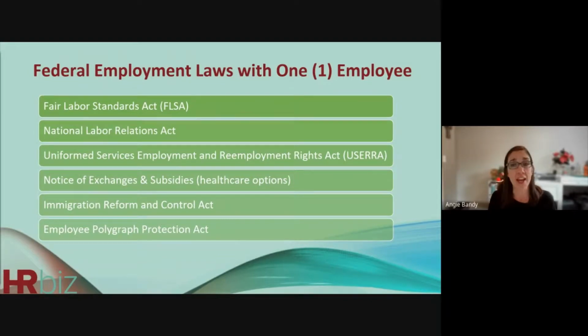So if you're not familiar with that, if you don't offer health care to your full-time employees, I would encourage you to either call us or even Google this and see what the expectations are for you as a small business.